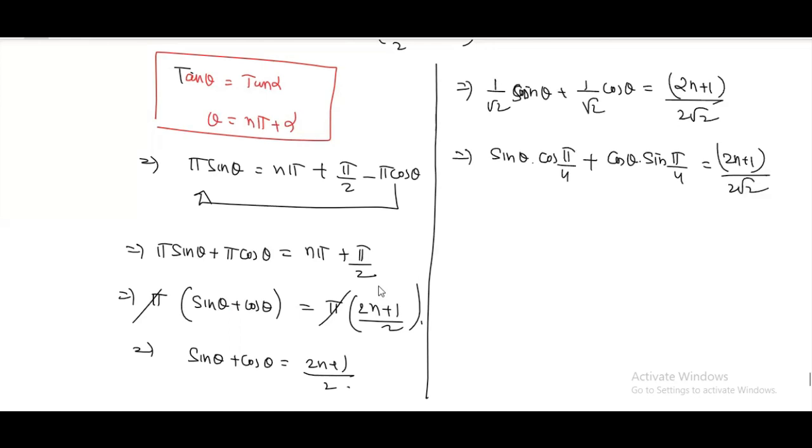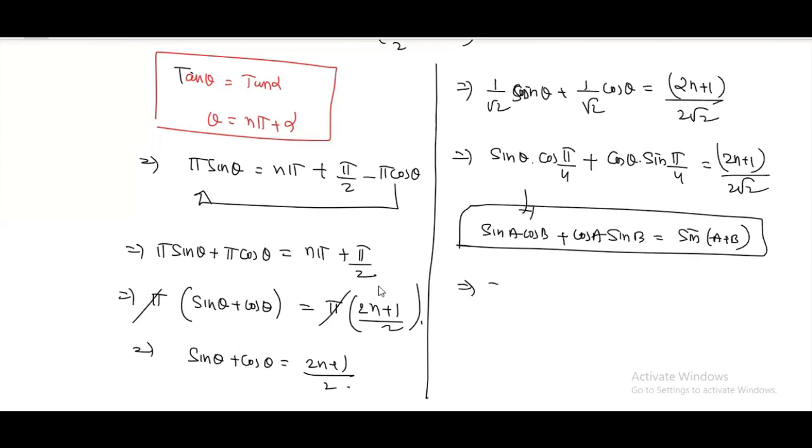This is the formula of sin A cos B plus cos A sin B, which can be written as sin A plus B. So according to this formula, we can write this as sin of theta plus pi by 4 is equal to 2n plus 1 by 2 root 2.